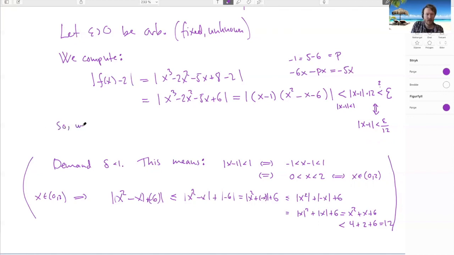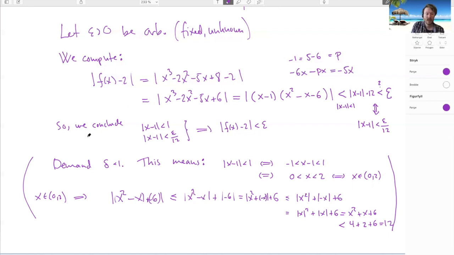So we conclude that if the absolute value of x minus 1 is less than 1 and the absolute value of x minus 1 is less than epsilon divided by 12, both of these, this means that the absolute value of f of x minus 2 is less than epsilon, whatever epsilon is, okay? But this means I've chosen two deltas, doesn't it? But that isn't a problem, because this is completely analogous to us putting more than one restriction on the capital N when we're doing the limits for sequences.